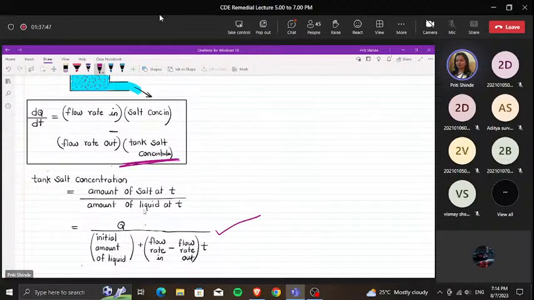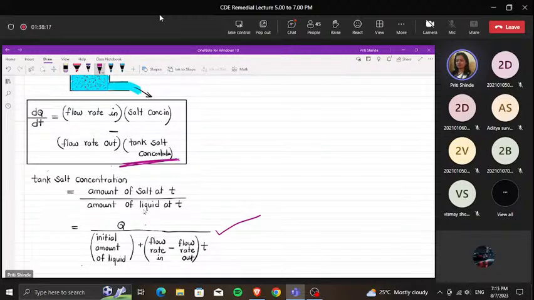Using this formula, you can directly write down your differential equation and solve it. Again, here we get a linear differential equation. So just carefully write down this formula: dQ by dt, where Q is the amount of salt at any time t, is flow rate in into salt concentration in, minus flow rate out into tank salt concentration.